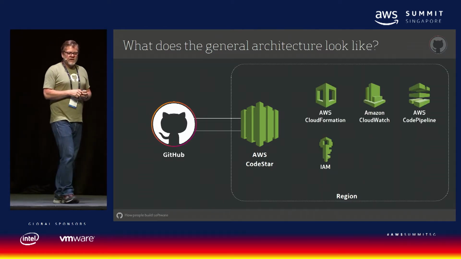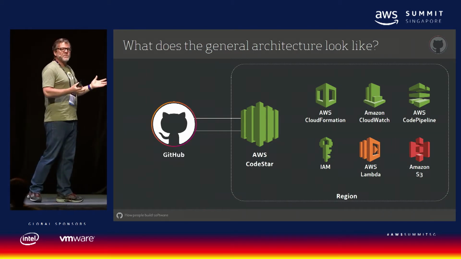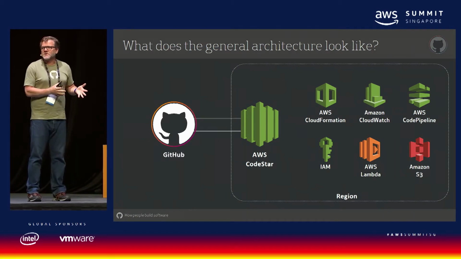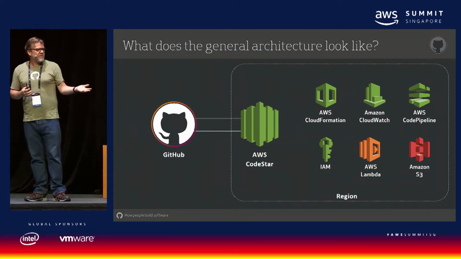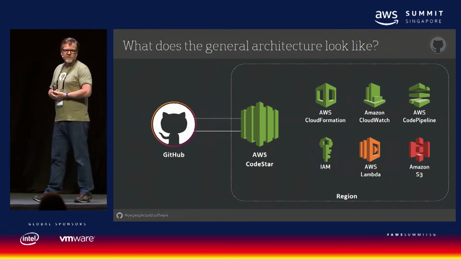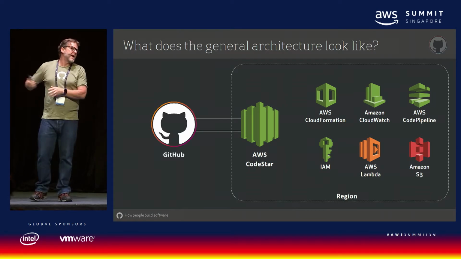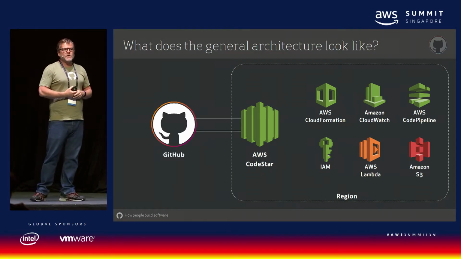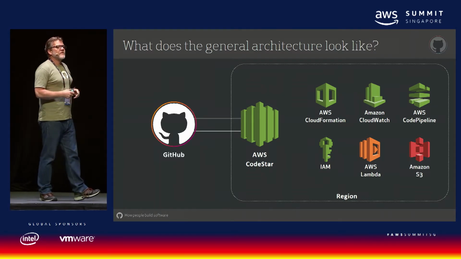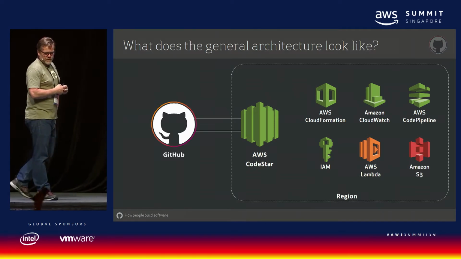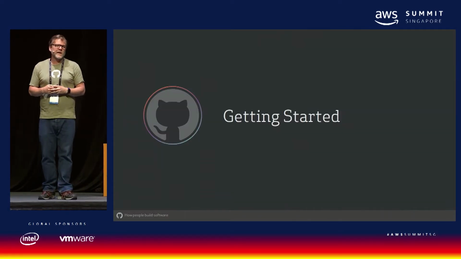Once it's done that, it figures out everything it needs and builds those particular resources. So it can be something like, as I said before, an S3 bucket or an AWS Lambda function. If you're just updating the Lambda function, then we'll just update the Lambda function for you. If you've decided that you need another S3 bucket, it will go off and create that S3 bucket for you.